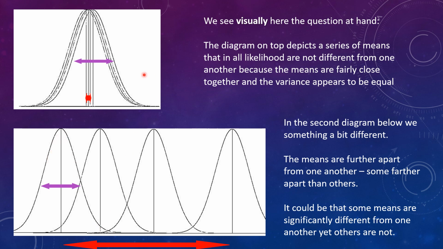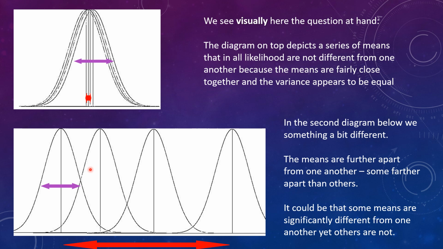Okay, so here's two different groups. At the top here, we have 4 different means, but notice what's happening here. The means are really, really close together. Now, there's going to be individual differences between those means. They may not be that large, and so even from a visual perspective, you can probably go, yeah, highly unlikely that there's any significant difference between the means.